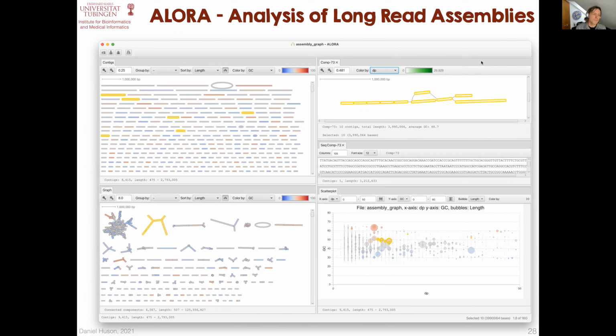So the basic idea here is to bring some of the analysis that we like to do forward to the assembly graph step, before we actually decide what are going to be the final output of the assembly, what are going to be the individual contigs. So this will be an integrated viewer that runs off of a GFA file, where you can explore your long-read assemblies.